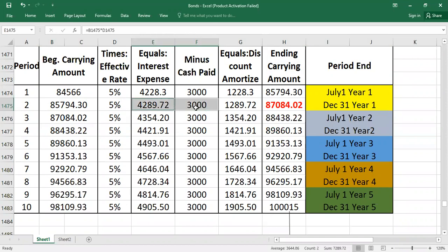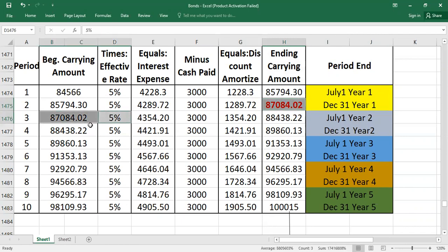The difference of interest expense and cash payments is equal to discount amortized. If I take beginning carrying value plus discount amortized, you will get ending carrying value. This ending carrying value you have at the end of the first year, I mean after the second 6 months. Then this carrying value will become the beginning value for the next 5%.